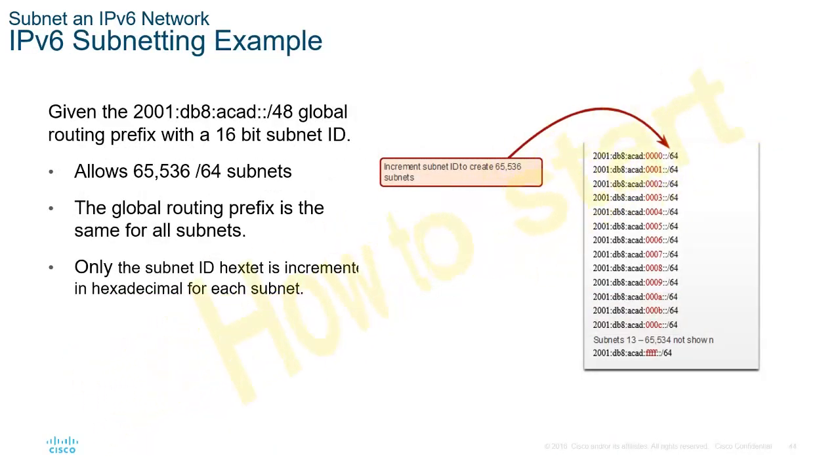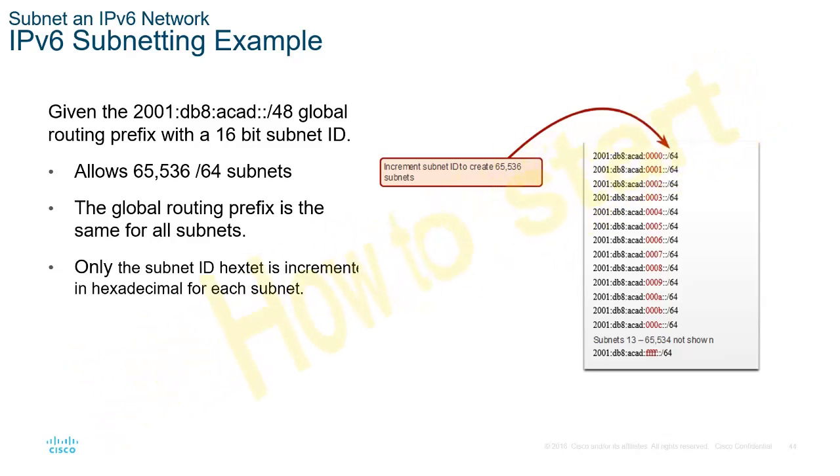Here we have all of the different subnets. We have a /48, so the first 48 bits are the same. Only the next 16 bits are going to be different, and that will create additional subnets. Remember that the prefix is the first 64 bits.